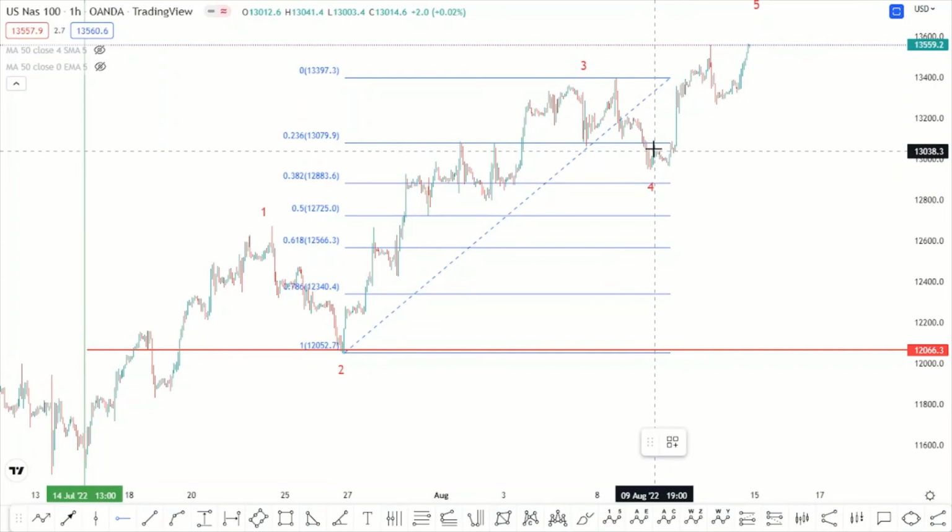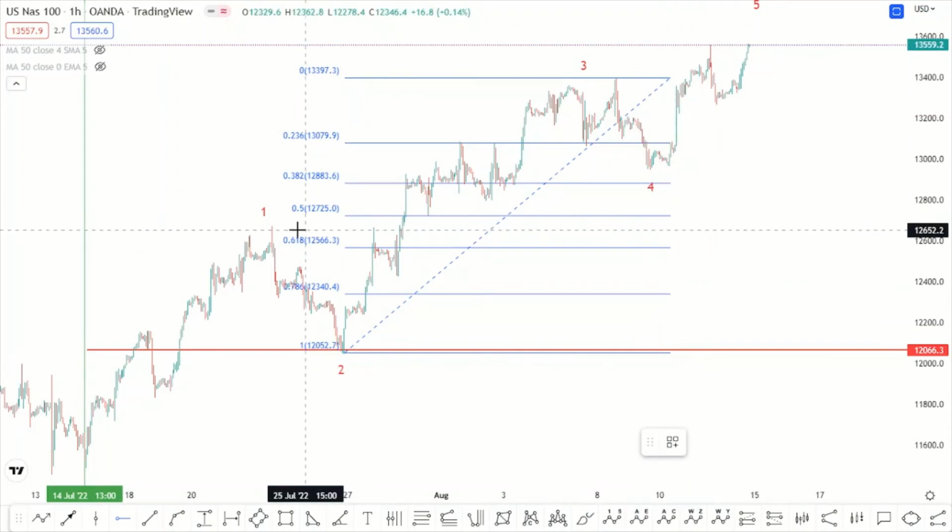But it's all acceptable as it ranges from 23 or beyond, but not beyond 38%. Sometimes it can go beyond 38%. It doesn't matter, as long as it doesn't touch 50% and it doesn't touch the top of wave 1, it will still hold true.